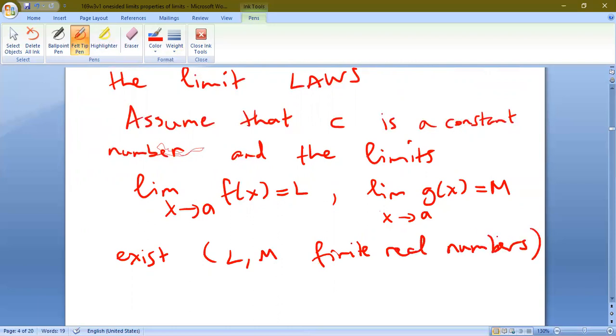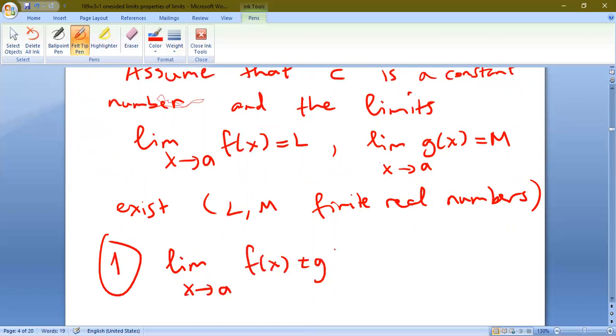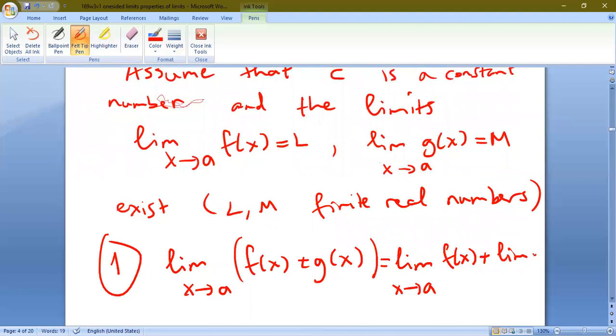So in this case, we have the following laws. 1. The limit as x goes to a of f of x plus g of x is equal to the limit of f as x goes to a plus the limit of g as x goes to a, which is equal to L plus m.